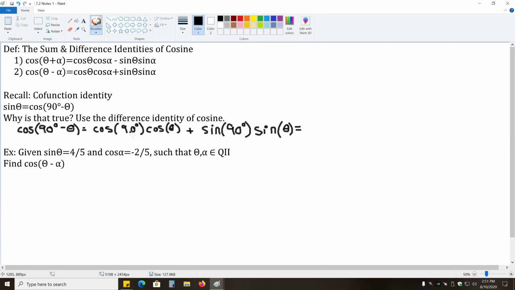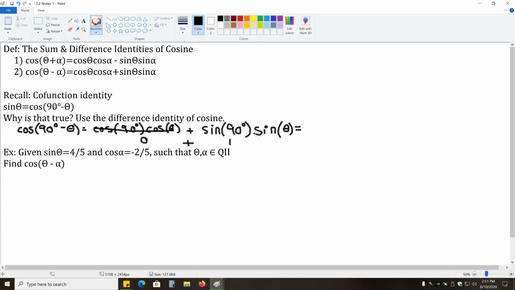And if we simplify this, cosine of 90 degrees is 0. So it doesn't matter what cosine of theta is because this entire term will become 0. Plus sine of 90 degrees is 1.